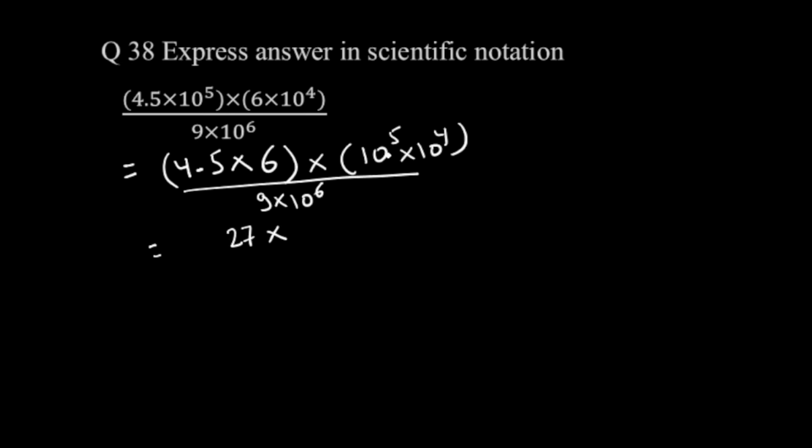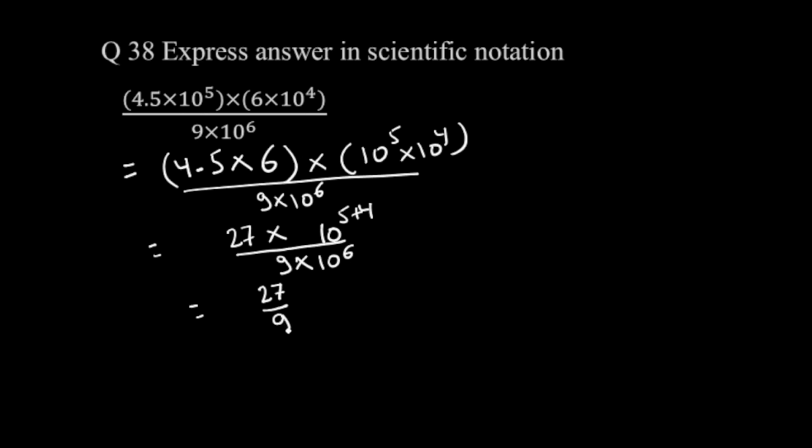If you multiply exponents of the same base, the powers are added, that means 10 to the power 5 plus 4 divided by 9 multiply 10 to the power 6.